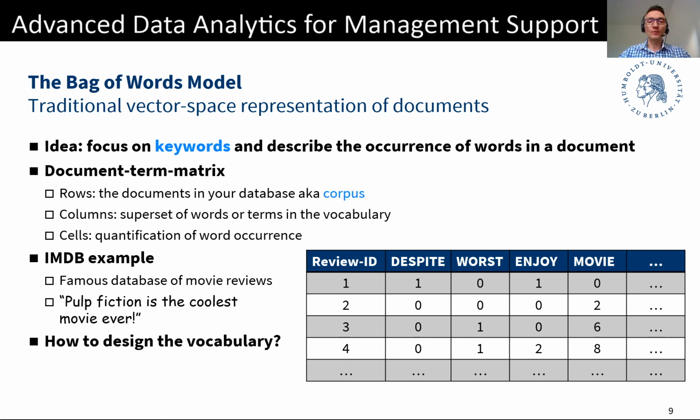The idea is that we have one document representing one review. The document is a term that represents an entity in our corpus. A document is something that resembles a row in a data table.